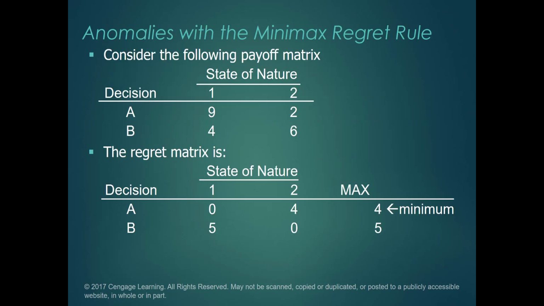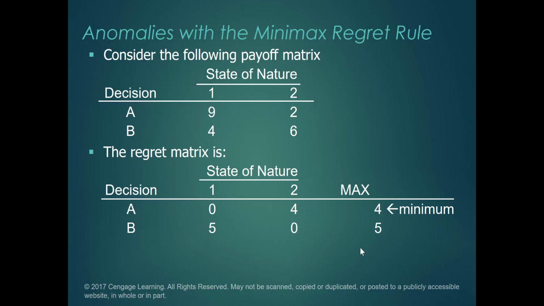Again, the minimax regret has a similar weakness. So here we have two alternatives and two states of the nature, and when we apply the minimax regret method, alternative A is chosen.